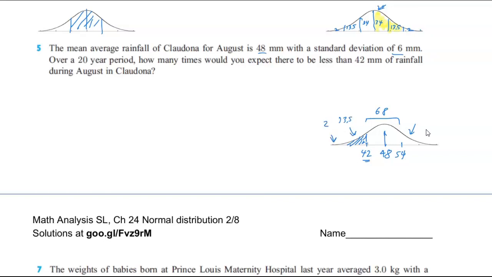By the way, if this is 2 and this is 13.5, what's remaining here? Well, if you do the subtraction, you'll find out that this remaining section here is what's left over from 99%, which is 0.5 on either end, right? 0.5 here, 0.5 here. So that means that these three sections together would be 13.5 plus 2 plus 0.5. It turns out to be 16% here. So the chance you would expect less than 42 millimeters of rainfall would be 16%.